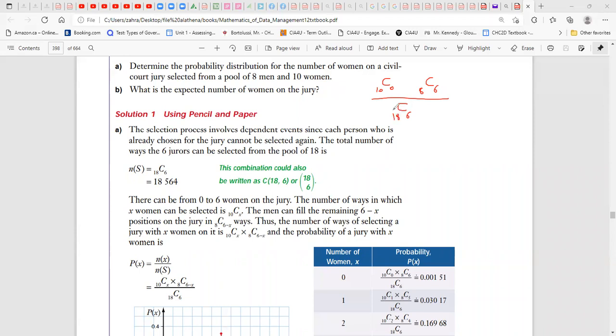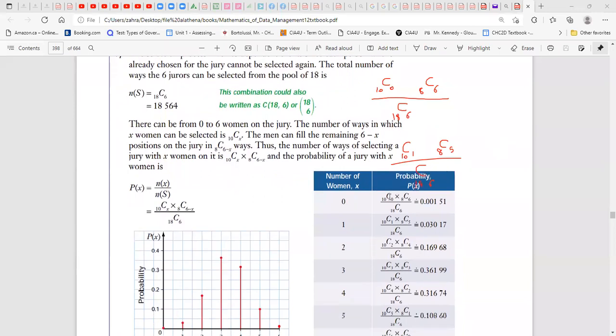So that gives you the probability that 0 women are selected and all of them are from the men. Then you select 1 woman out of the 10, and the rest are chosen from the men, again out of C of 6, 18. You can continue now with 2 women and so on. This will give you the probability distribution.